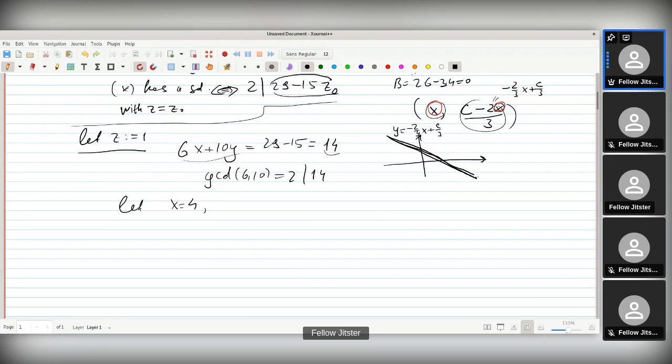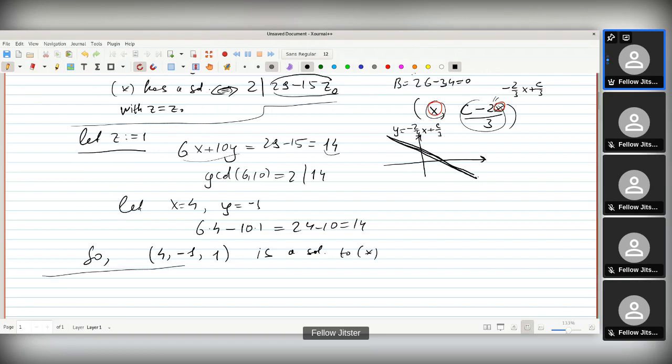Y equals minus 1. We see that 6 multiplied by 4 minus 10 multiplied by 1 is 24 minus 10, that is 14. Okay, so we have obtained a solution. Which one? 4, the value for x, minus 1 for y, and 1 for z is a solution to our equation.